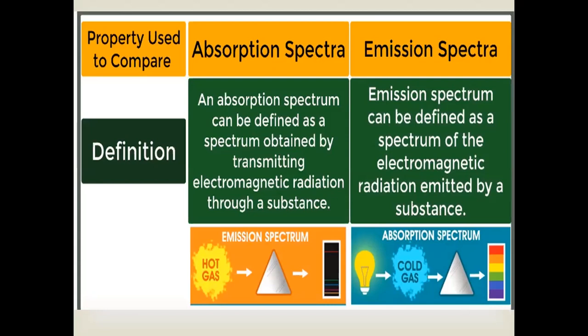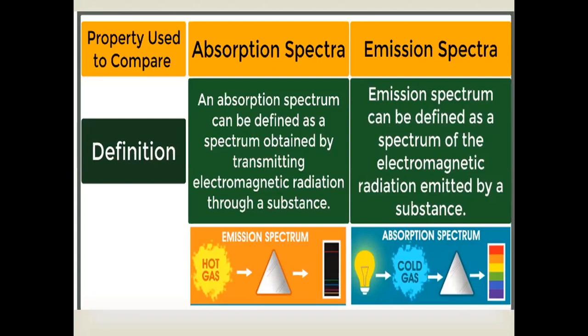Okay, I'll tell the definition in simple words. A self-luminous source is a source that can light up on its own, like the sun. When the spectrum of a self-luminous source is taken, we get an emission spectrum. It can emit light on its own.